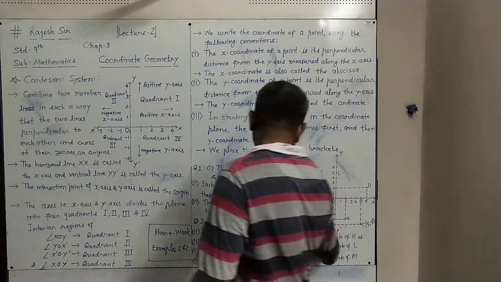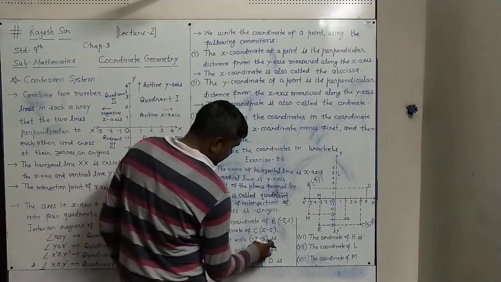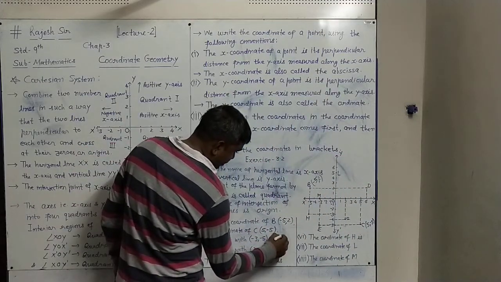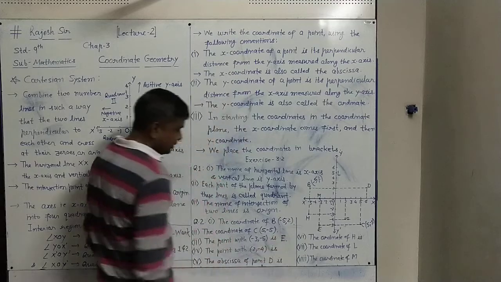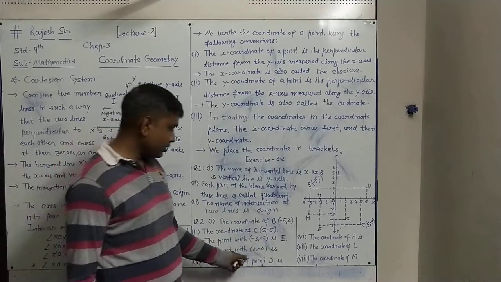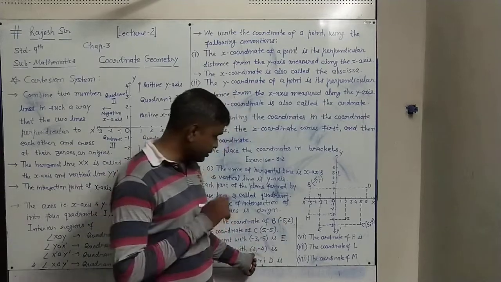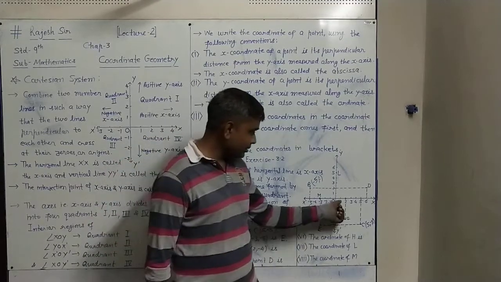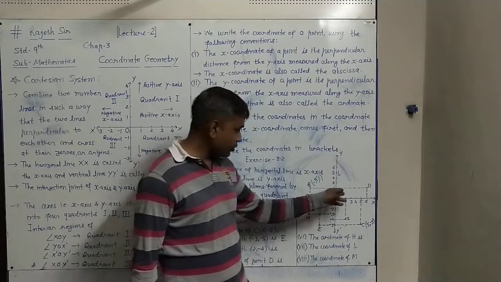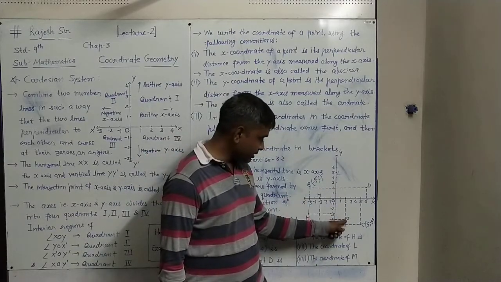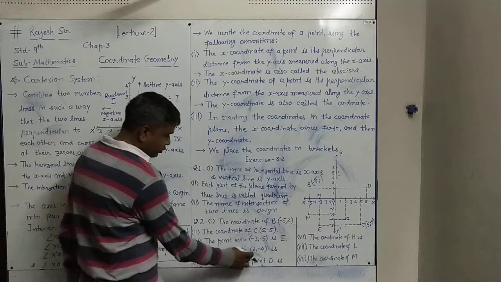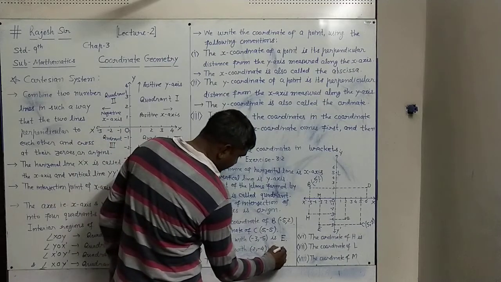So this point E has the coordinates -3, -5. Then similarly the point with the coordinates 2, -4. 2 is the x coordinate. Go along the x-axis 2, and then -4 on the y-axis here. This is point G.